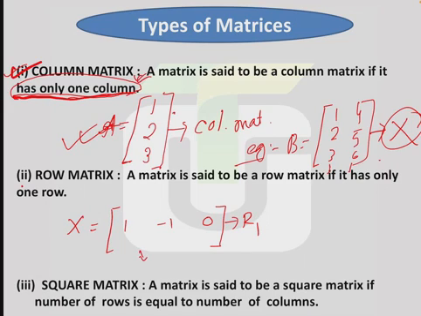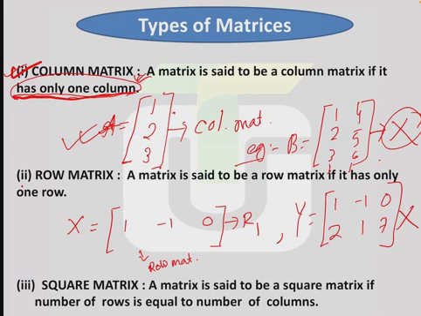Therefore this matrix is called a row matrix. If we take Y is equal to 1 minus 1 0 2 1 7, this is not a row matrix because two rows are there. Therefore X is a row matrix but Y is not a row matrix.